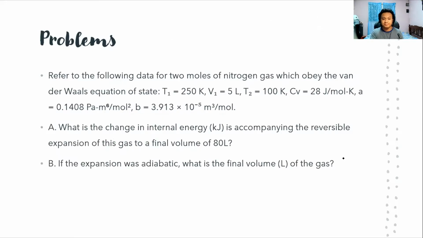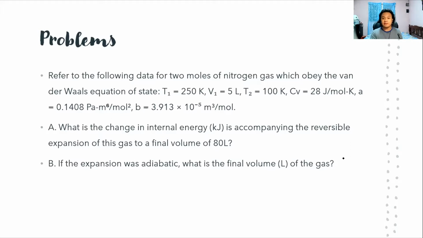We have 2 moles of nitrogen gas which obey the van der Waals equation of state. So we have the first state in temperature 250 K, and volume 5 liters, temperature of the second state is 100 K. Then Cv is 28 joules per mol K. A and B are the constants in the van der Waals equation.